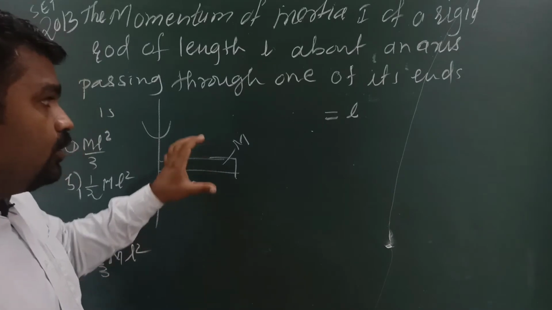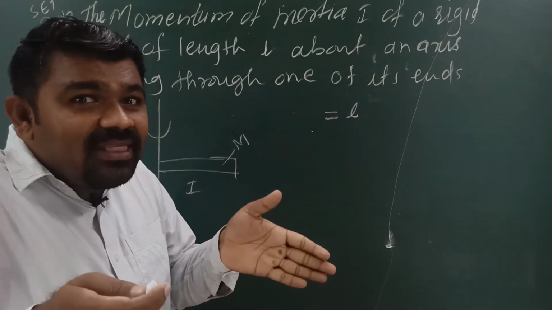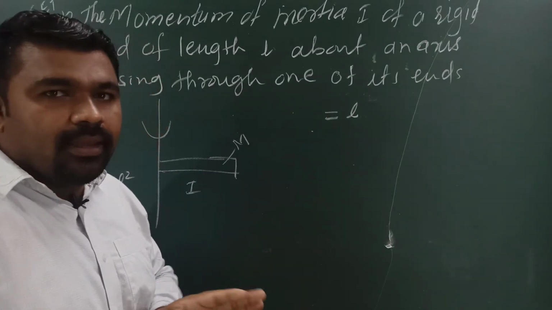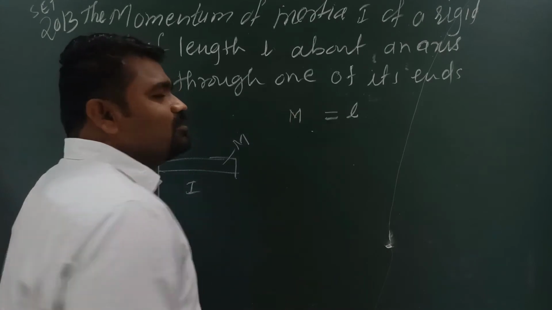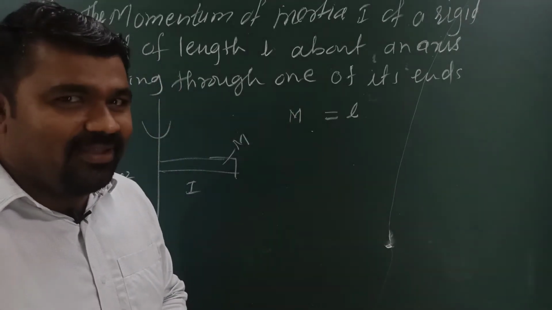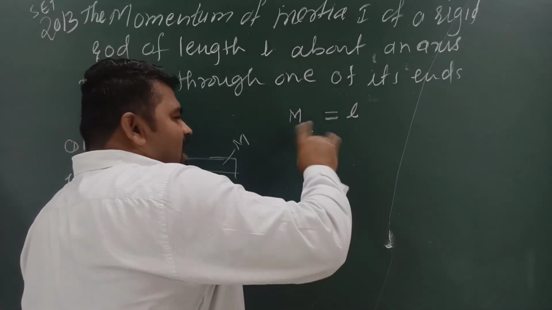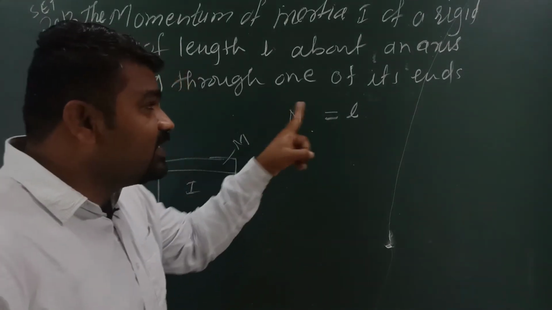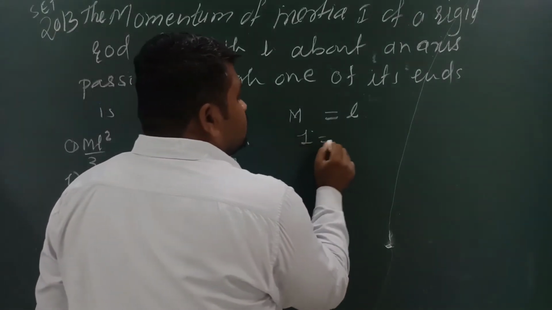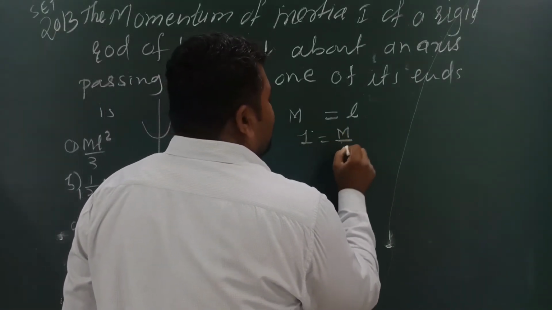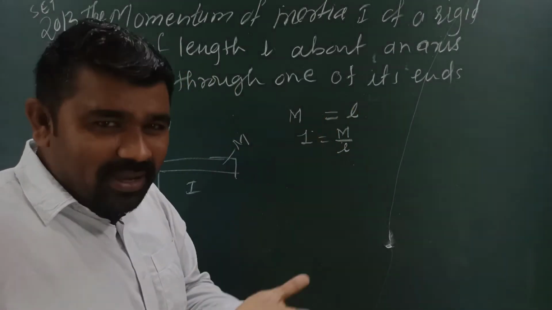This M amount of mass is enclosed by L amount of length. Next, slight adjustment: M mass enclosed by L length, then for 1 unit, M upon L. Yes or no? Meaning we can divide both sides by L.